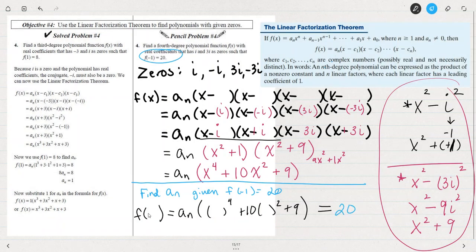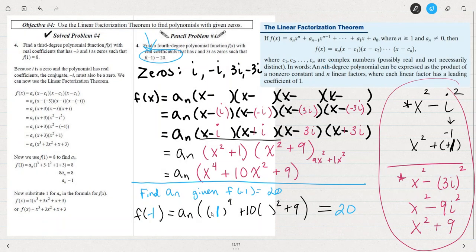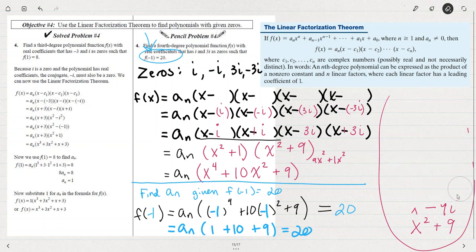So I'm going to replace the x with negative 1, and what that gives us is a sub n times negative 1 to the fourth, which is 1. Negative 1 squared is 1. 1 times 10 is 10, plus 1 is 11, plus 9 is 20. So let me make just a little bit of space here to the right.